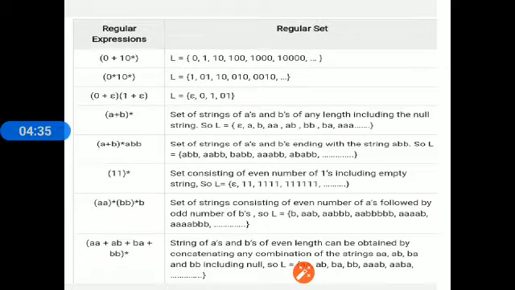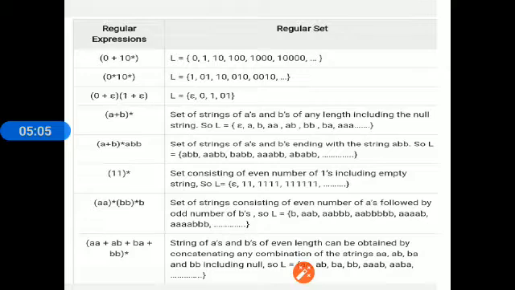Or if the first bracket generates 0 and the second generates 1, it will produce 0 1. Next, a plus b star indicates the set of all strings of a's and b's of any length including the null string. Why include the null string? Because star is given, and star means 0 or multiple occurrences of a string. So, a plus b star means any combination of a's and b's including null.